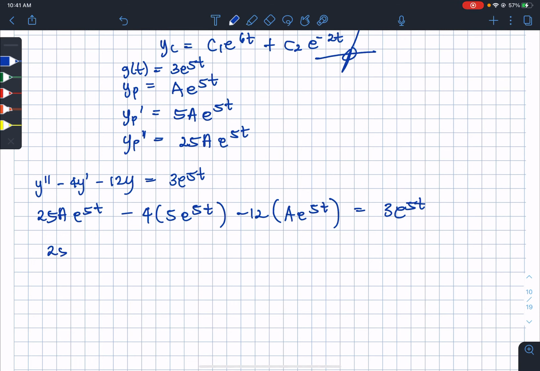So this would be 25a e raised to 5t minus 20a e raised to 5t minus 12a e raised to 5t is equal to 3 e raised to 5t.